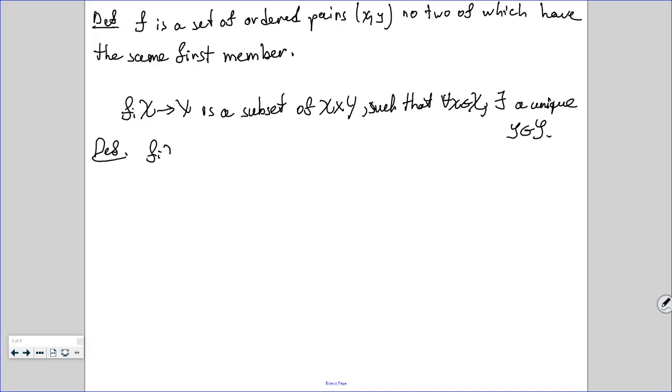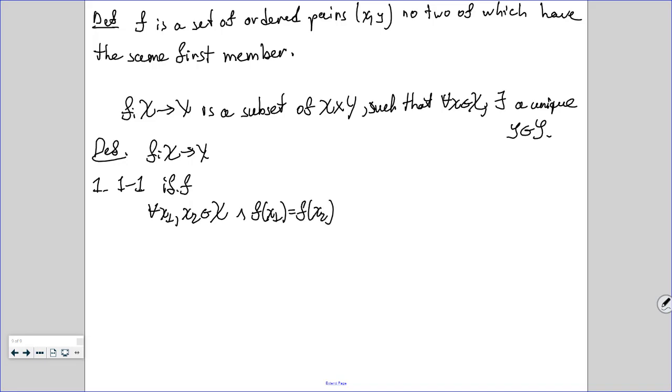Let f be a function from X to Y, and we say f is one-to-one if and only if for all x1, x2 in X, such that f(x1) is equal to f(x2), then x1 is equal to x2. Or in other words, we can say that if x1 is not equal to x2, then f(x1) does not equal f(x2).